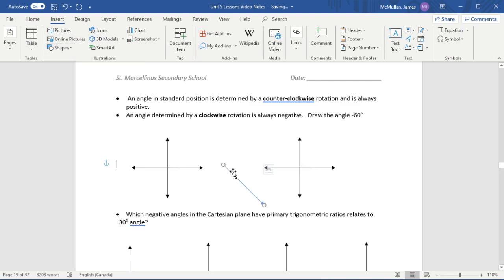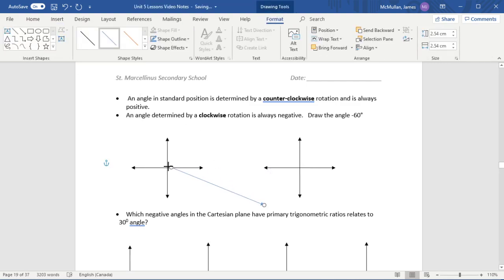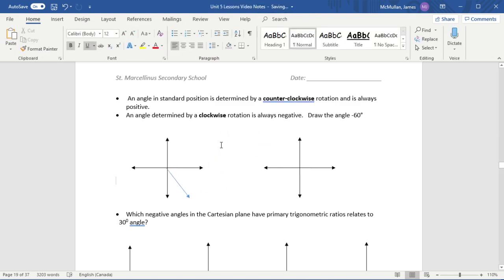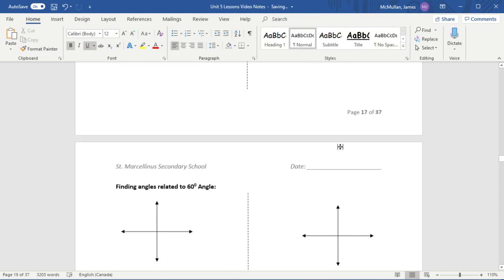So you would start at the origin, and I can't get this to line up. Normally you would rotate 60 degrees going up, right? But if you're going negative, you just go down. So there you go. There's a negative 60 degree angle.